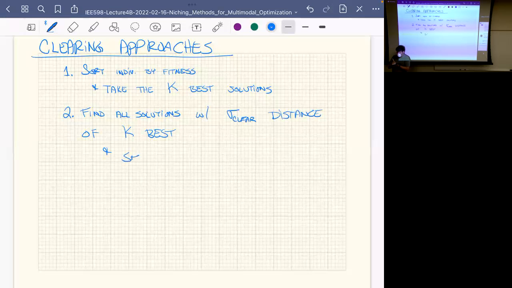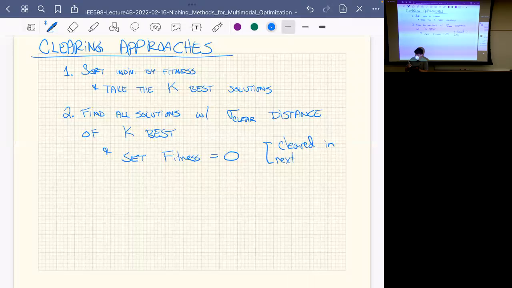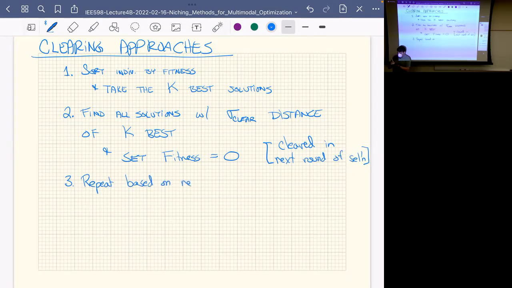That's another hyperparameter. We set their fitness equal to 0, and that will cause them to be cleared in the next round of selection. That's simple clearing. And then in step three, we repeat clearing based on the next K best.